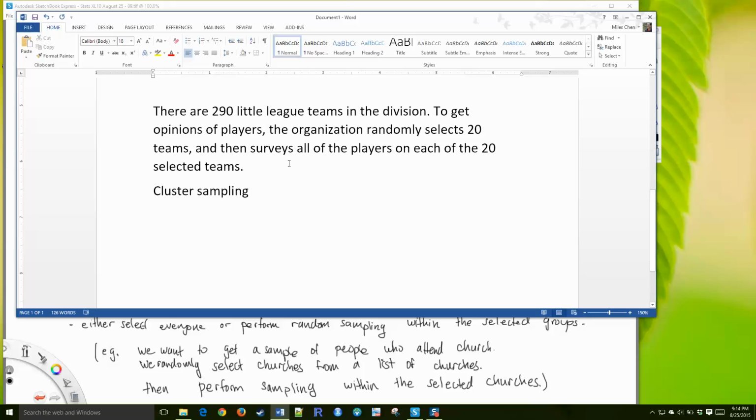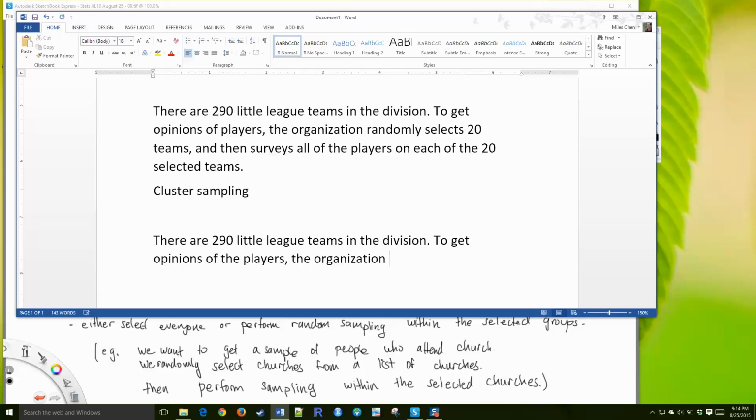Here, let's try this. There are 290 Little League teams in the division. To get opinions of the players, the organization gets a list of all the players on all the teams.